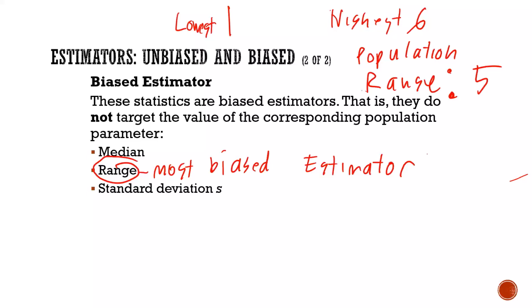So let's say lowercase r is equal to 5, lowercase r being range. We typically don't use a variable for it.